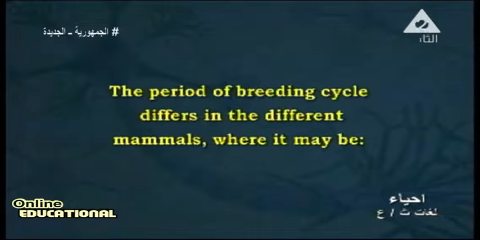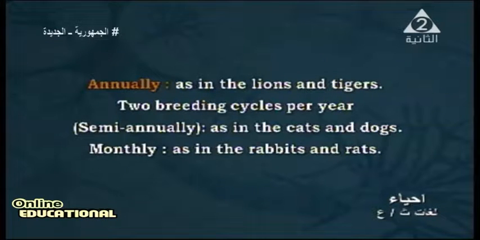The period of the breeding cycle differs in different mammals: it may be annual as in lions and tigers, semi-annual as in cats and dogs, or monthly as in rabbits and rats. Annual in lions and tigers means they can give birth once per breeding cycle.